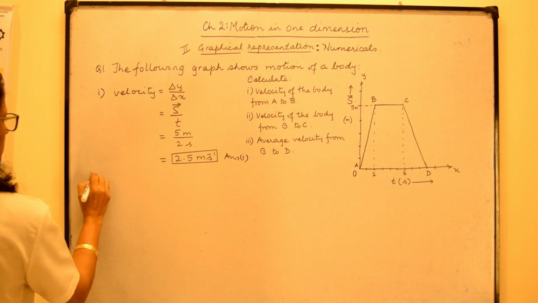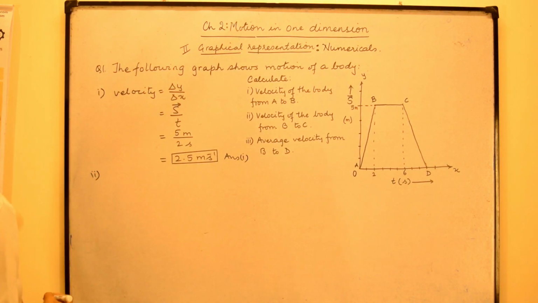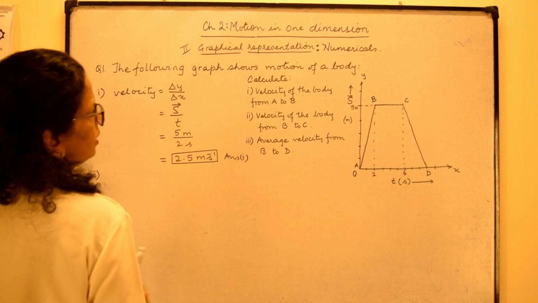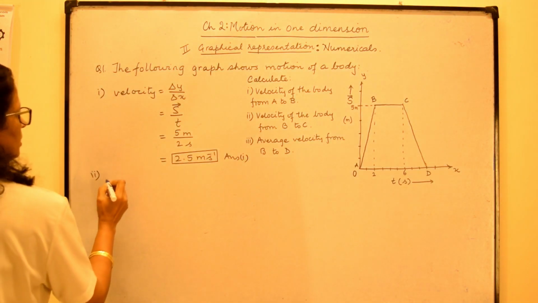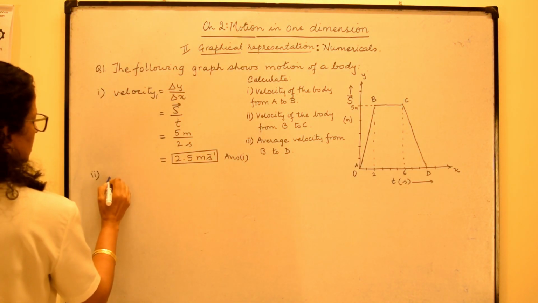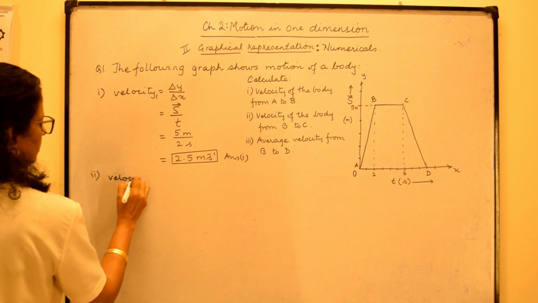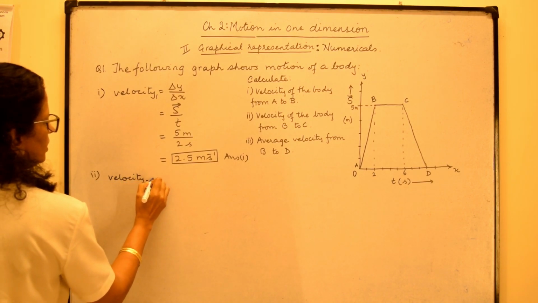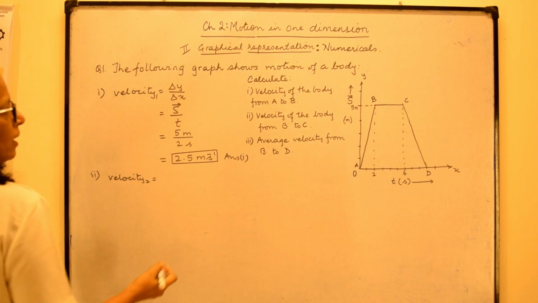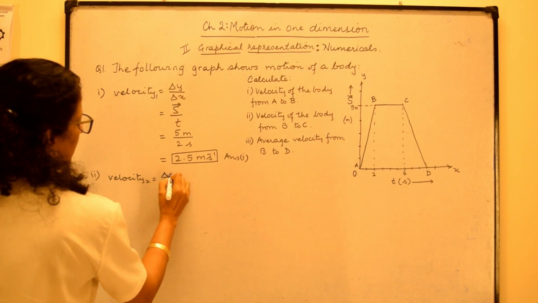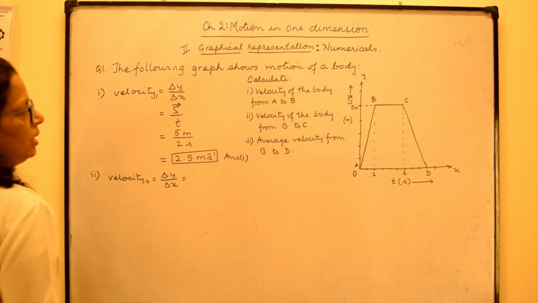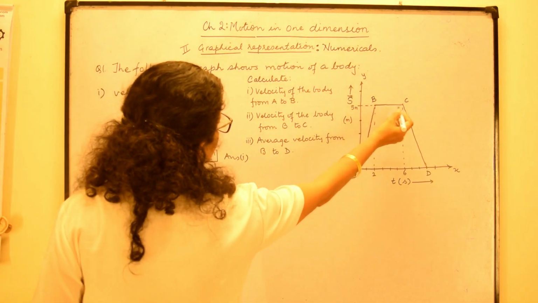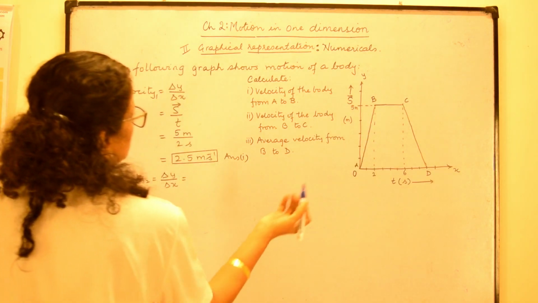Now let us look at the second part. In our second part, we are asked to find the velocity of the body from B to C. You will again do delta y upon delta x, but in this case you will see that your delta y is 5 meter minus 5 meter, that is 0.